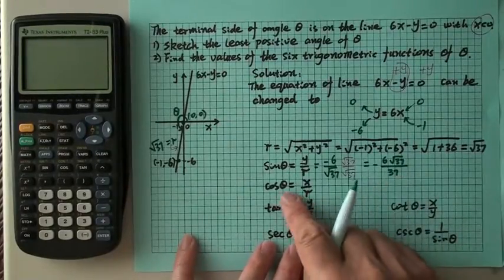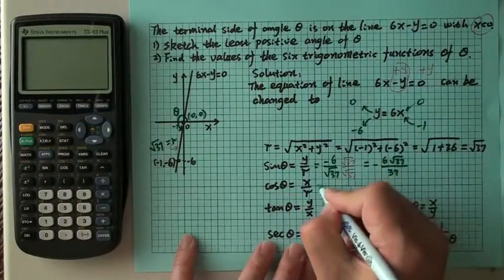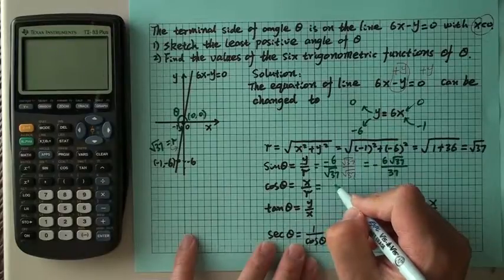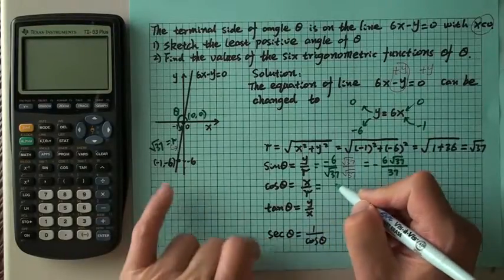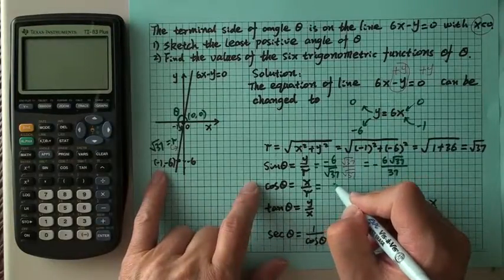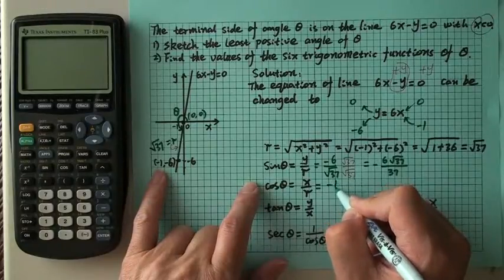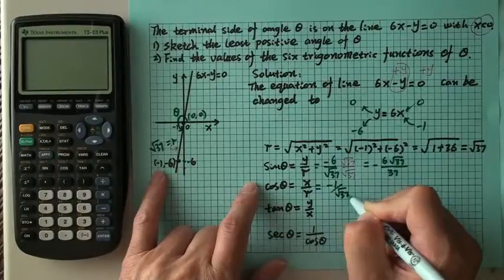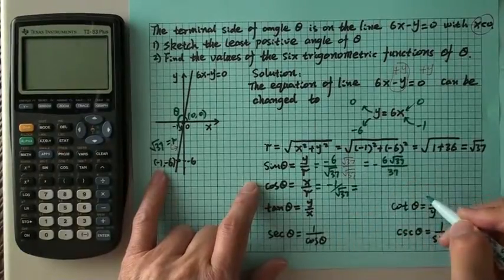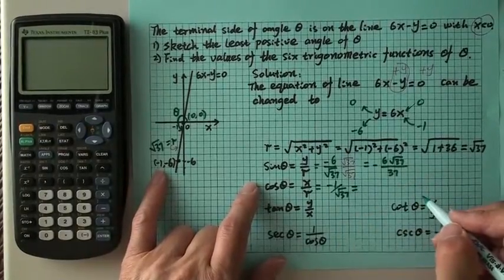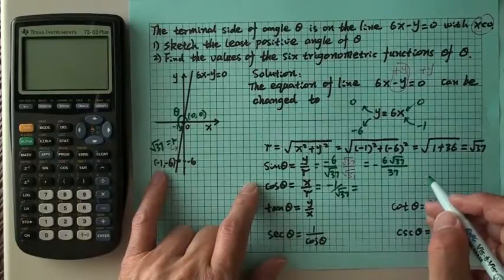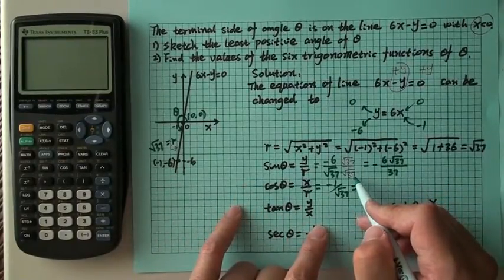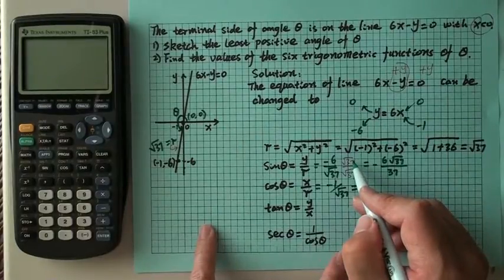Now, for cosine theta, that's x over r. So here it is negative 1 over radical 37. Remember, r is always positive. Similarly, both numerator and denominator are multiplied by radical 37.